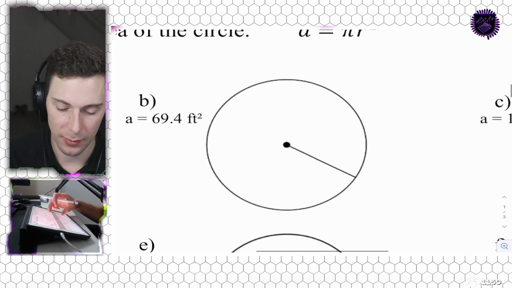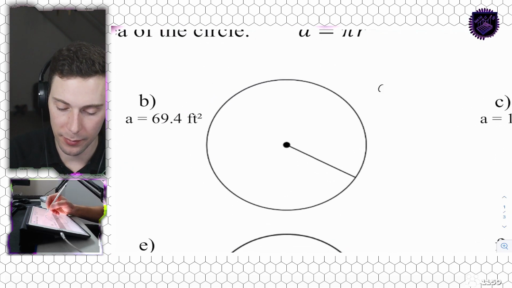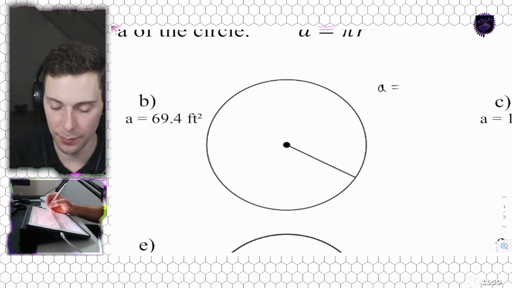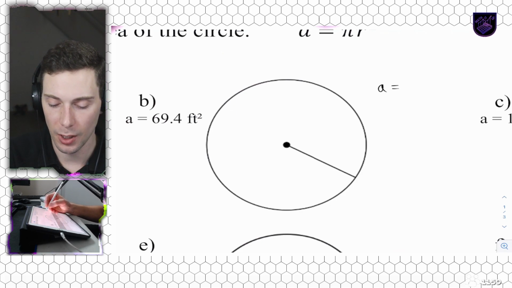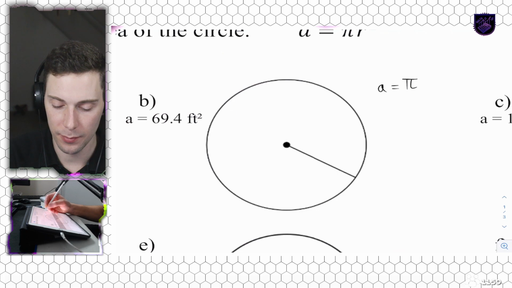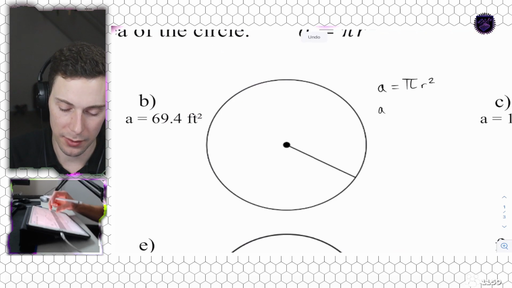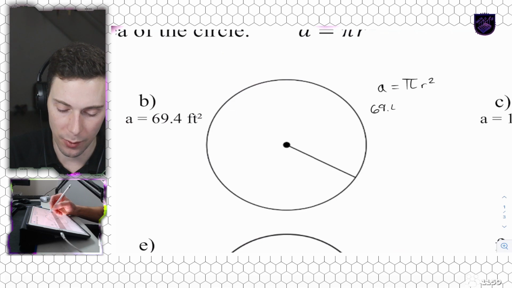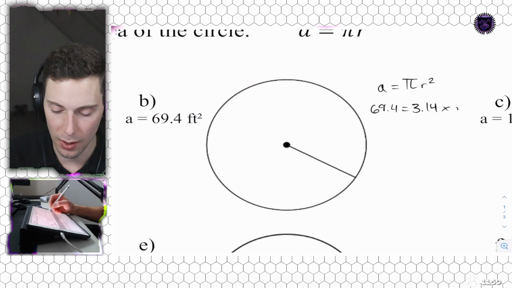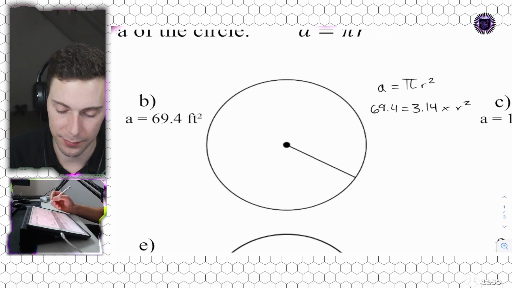B. So, formula. Area is equal to pi times radius squared. Let's put in our known amounts. 69.4 is equal to 3.14 times radius squared.